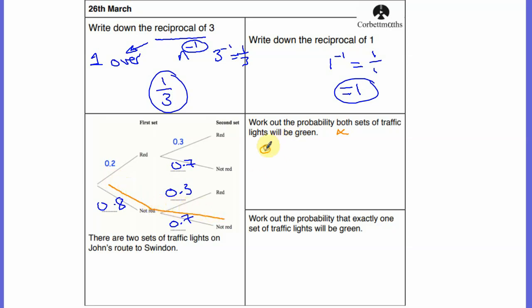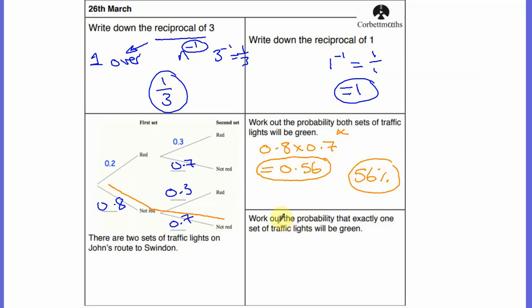When we go across our branches, we multiply our fractions or our decimals there. So 0.8 times 0.7, that is going to be 0.56. So the probability that both sets of traffic lights will be green is 0.56, 56% if you want to say that. But the decimal is completely fine.